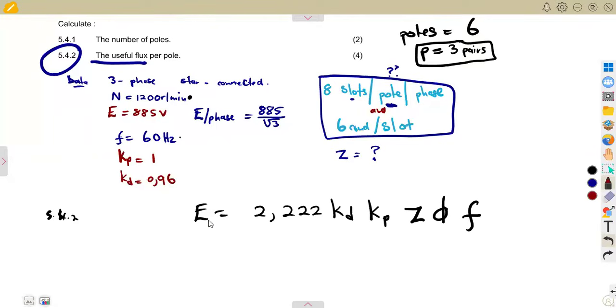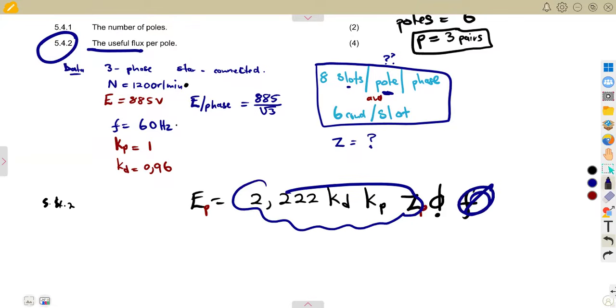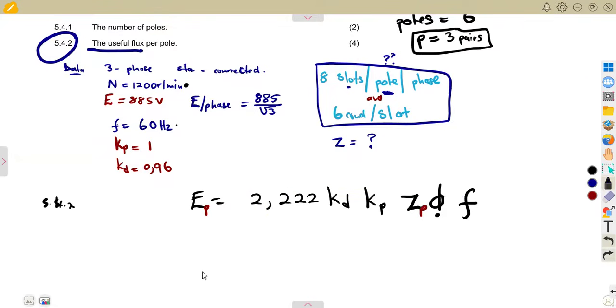So like I said, this is EP per phase. This is ZP per phase. Take note about that. Per phase. So since you need the useful flux here, you are going to divide by this here and also the frequency, both sides. All right, remember from your mathematics.